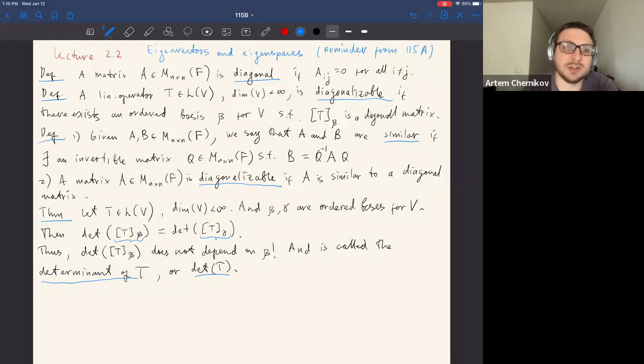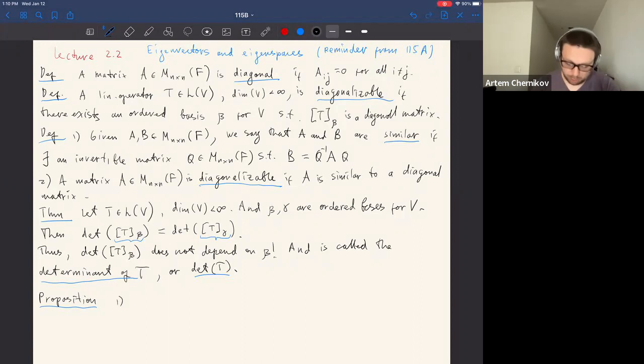Okay, so we have this notion of a determinant of T, and let's recall some of the properties of this determinant. So, we have a proposition, which summarizes some of the properties of this determinant covered in 115a.